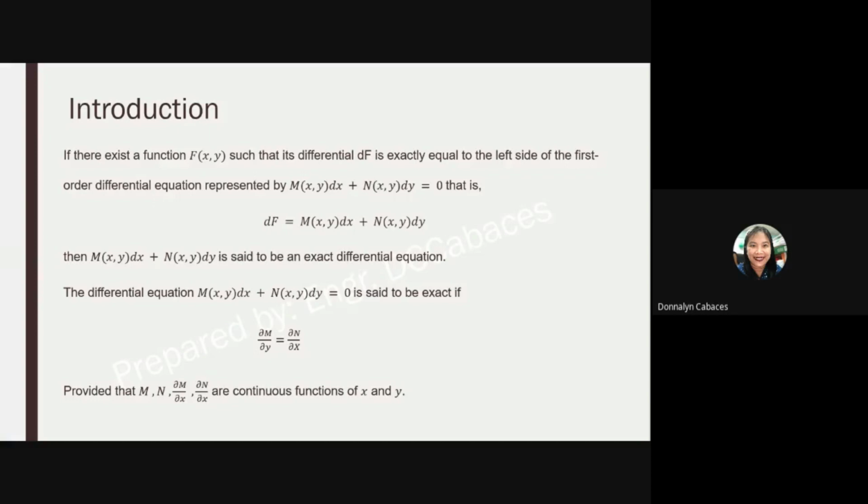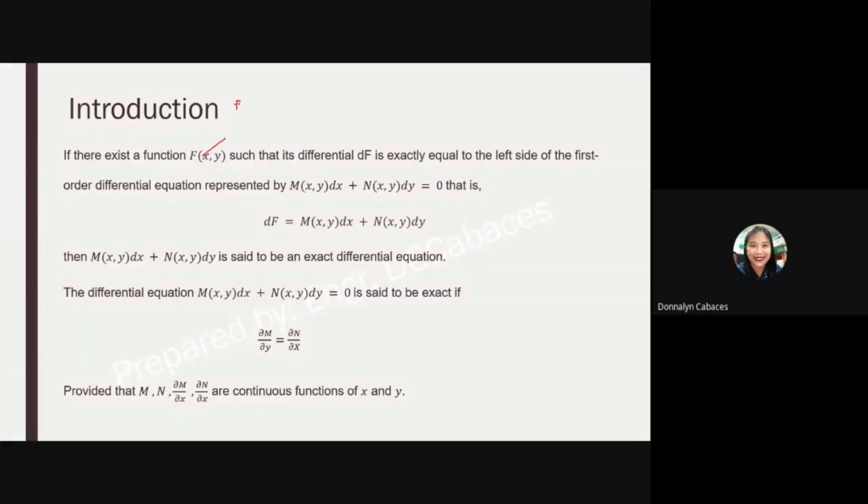What does it mean? What is that mentioned total differential or the differential df? If you have here this function of x and y, when we take its total differential, you actually take df, you take the partial derivative of f with respect to the variables. So that would be the partial derivative of f with respect to x dx plus the partial derivative of f with respect to y dy.